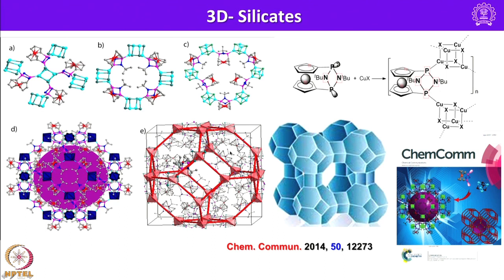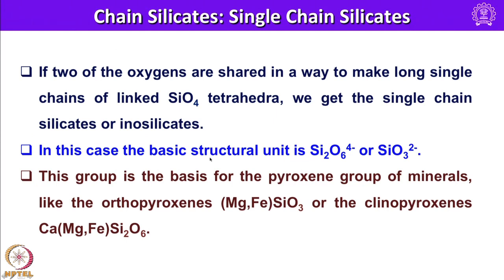This is very similar to the monomeric unit we come across in case of sodalite, and this is a rare and only example of soft copper 1 and phosphorus 3 ligands leading to the formation of this kind of sodalite network.